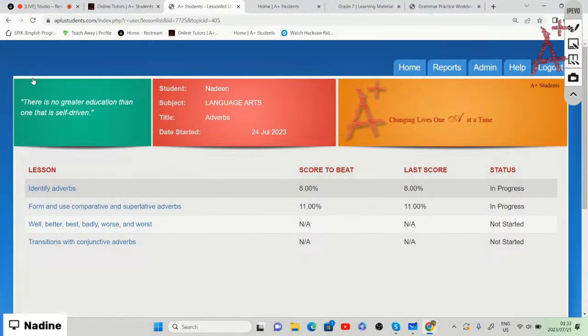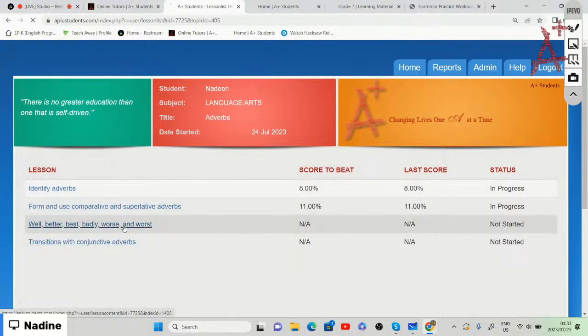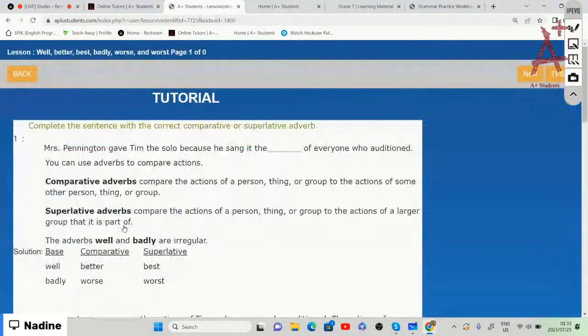All right, now we're moving on to the next one that says well, better, best, badly, worse, or worst. Remember, there's a difference between worse and worst. We say that a comparative adverb compares the action of a person, thing, or group to the actions of some other person, thing, or group.